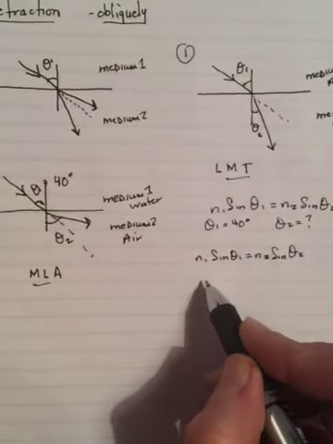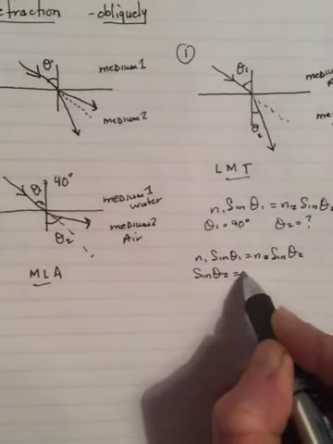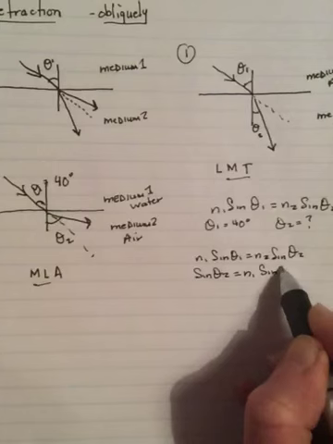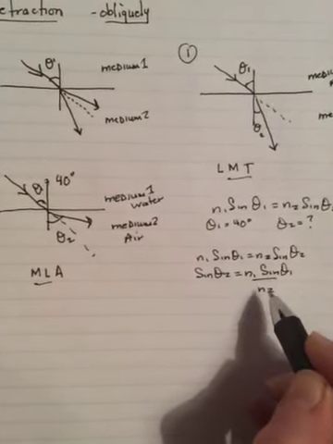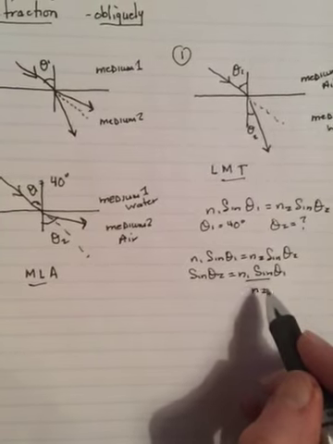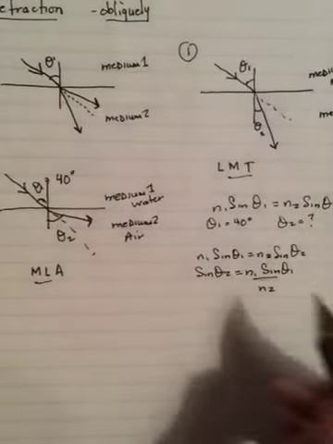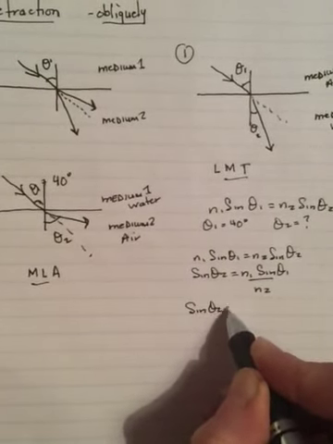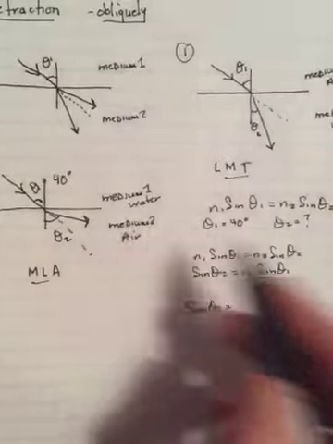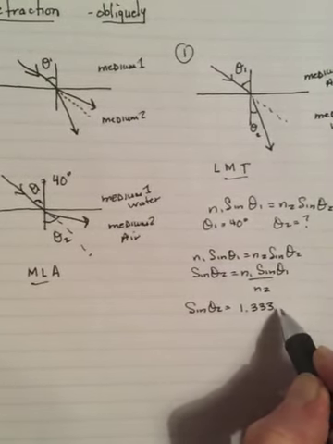So divide both sides by n2. So sine theta 2 will equal n1 sine theta 1 over n2. Now in the chart, either in the package of notes I gave you or in your textbook, that chart that I showed you today, you can find n1 and n2. n1 is water, and when you look it up, it's 1.333.